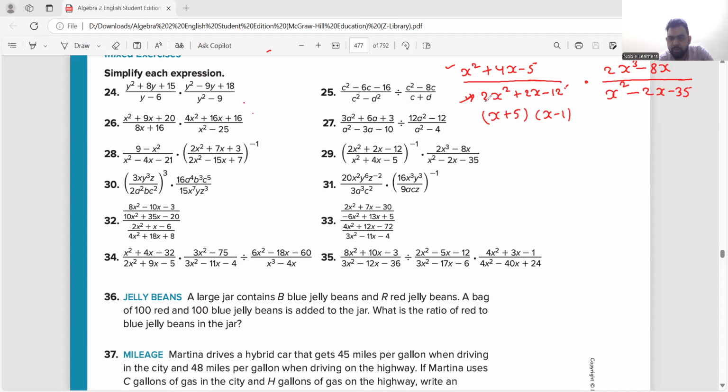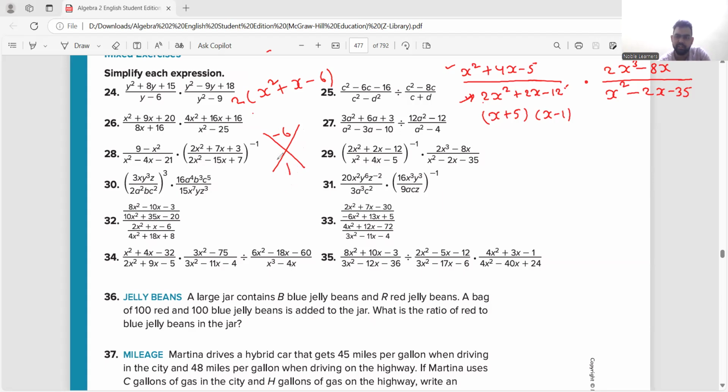Can we take 2 common from all of them? So take out 2. So x square plus x minus 6. Now you factor. What to write at the top? Negative 6. What to write at the bottom? 1. Now think.